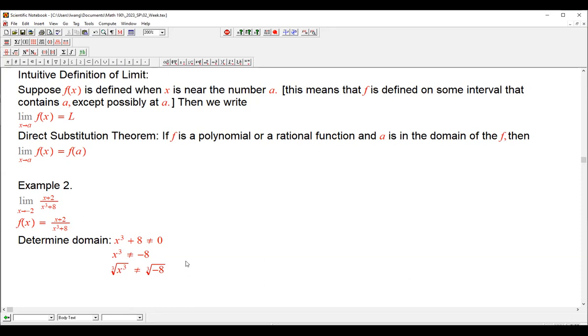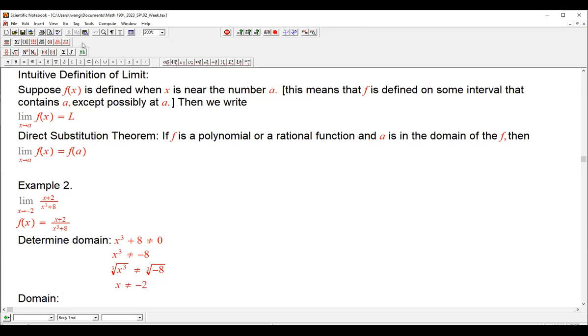And then what do we get? The left-hand side is x, and the right-hand side is -2. To guarantee the denominator is not 0, x cannot be -2. So as a result, the domain is all real numbers but -2.